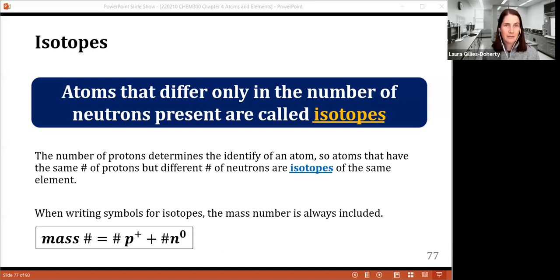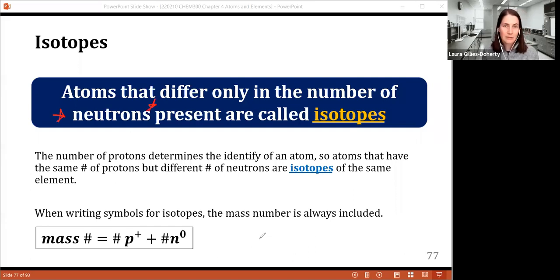They're isotopes of the same element because all the isotopes have the same number of protons. They have the same element identity. When we write the symbols for isotopes, the mass number is always included because for isotopes, the difference between different isotopes is the number of neutrons.